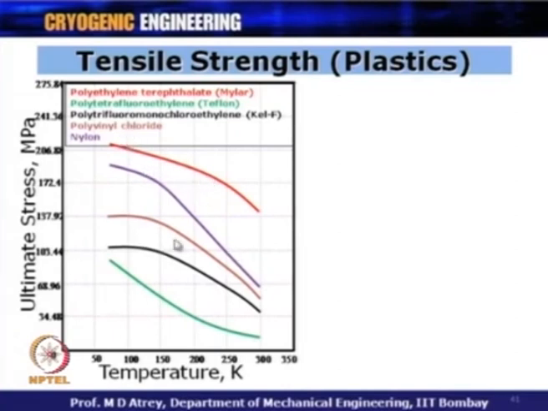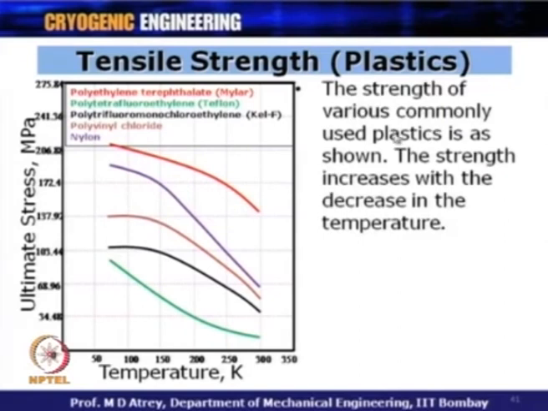So, ultimate strength does show an increase, and we have got different materials like Mylar, Teflon, which is nothing but PTFE, KelF, we have got nylon, PVC, etc. In all the cases, the ultimate strength increases at lower temperature. The strength of various commonly used plastics is as shown.